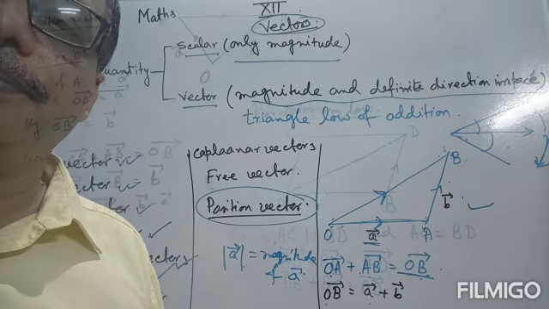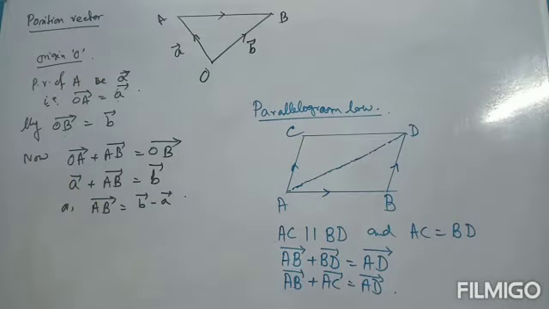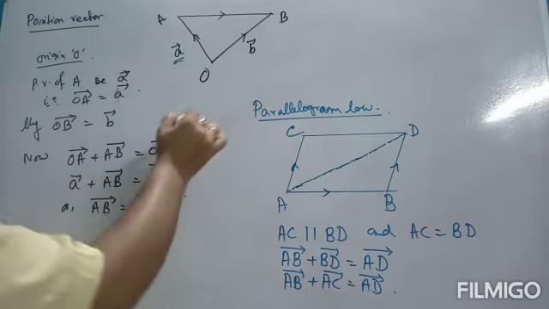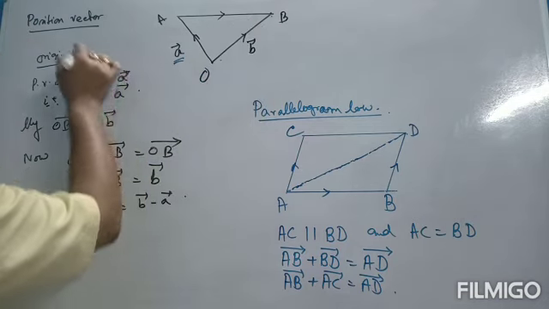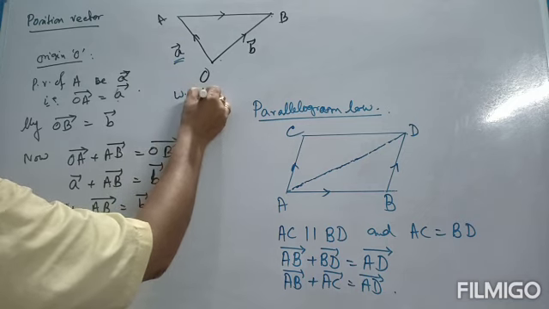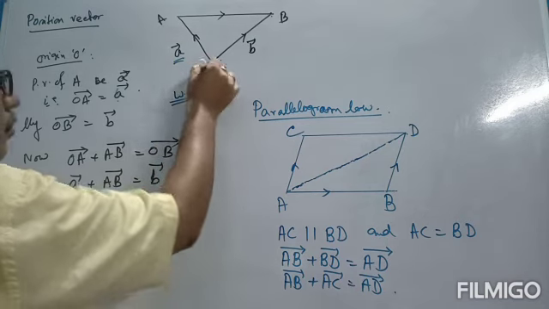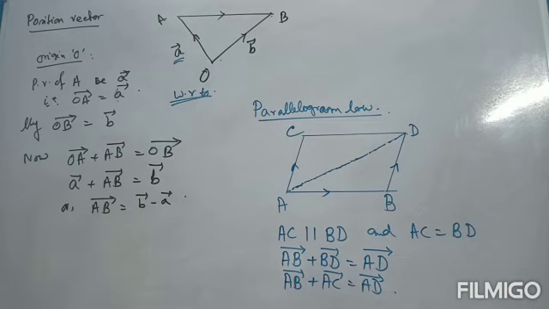Okay. Next, position vector. If we define a position vector, we take an origin with respect to some point, then we define position vector with respect to that point. Here the position vector of A is small a and position vector of B is small b with respect to some origin O. So if we define position vector, we must take an origin.